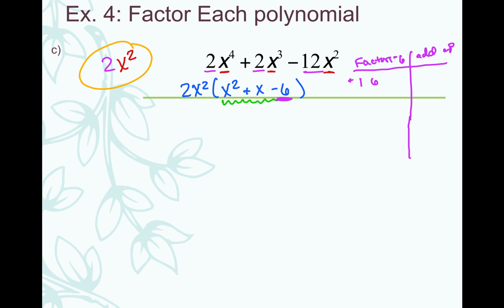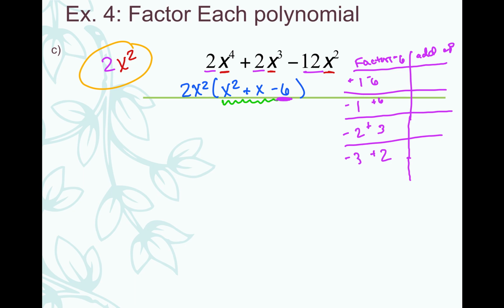So I could have negative 1 and positive 6, or positive 1 and negative 6. I could also have 2 and 3, which are also both factors of 6. But remember, one needs to be positive and one needs to be negative in order to get negative 6. So I could have negative 2, positive 3. I could have negative 3, positive 2.